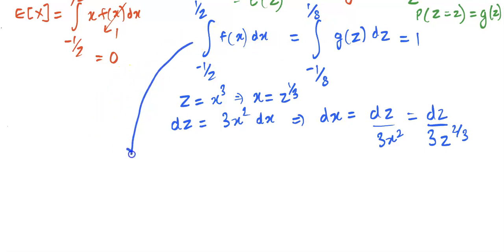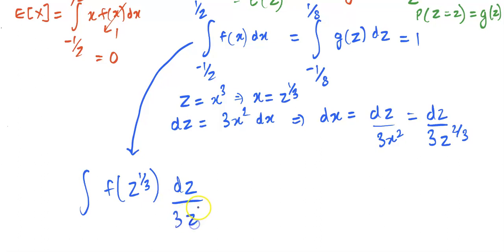And so that means we have basically said that we can replace x with z, right? So f of the cube root of z, and we can replace dx with what we computed here. And now, since we have changed the variable from x to z, we can also change the limits of the integral appropriately.